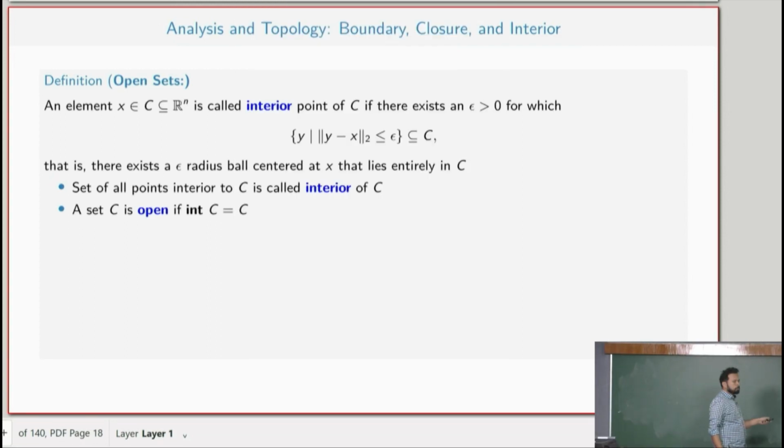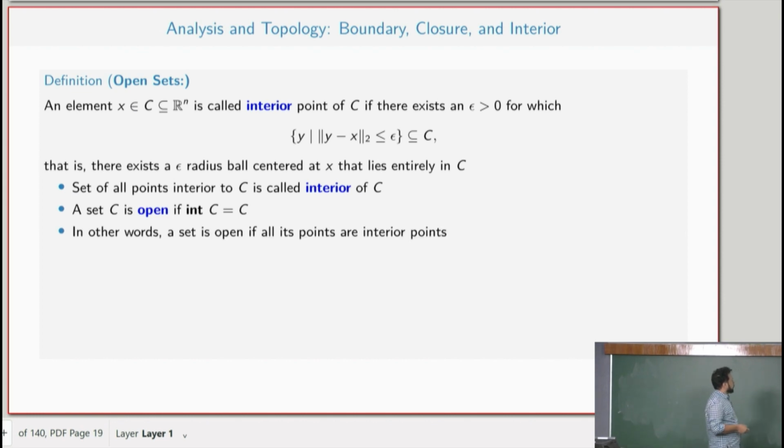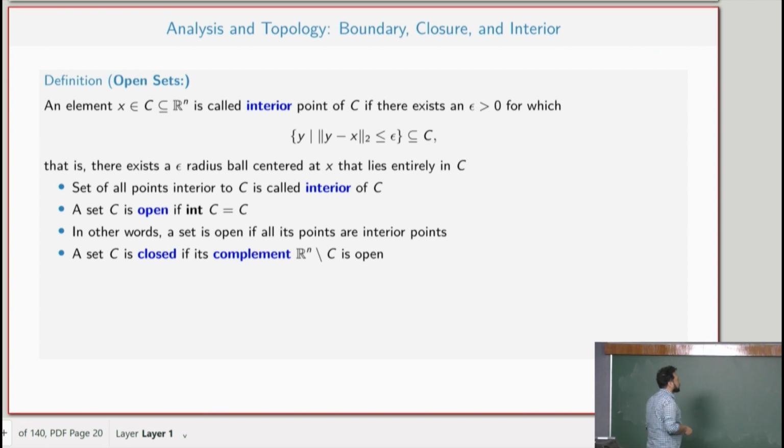That's more or less what it says. A set C is an open set if all points happen to be interior points. This denotes the interior of C, the interior points of C, and that is nothing but the whole of C. That's the definition of an open set. In other words, a set is open if all its points are interior points, and we can define closed very easily now.